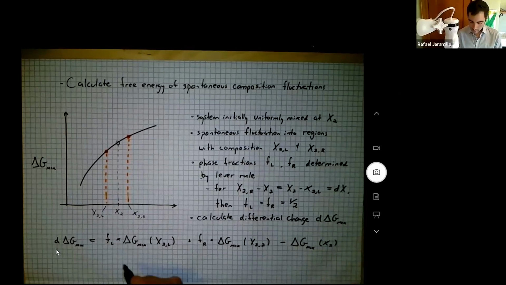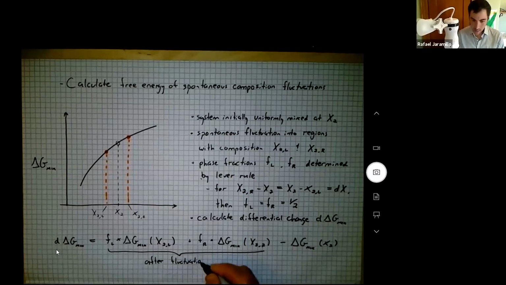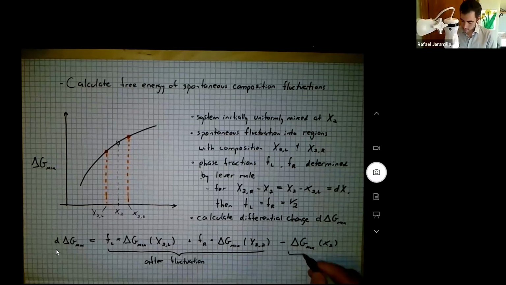So this is after fluctuation. And this is before fluctuation.